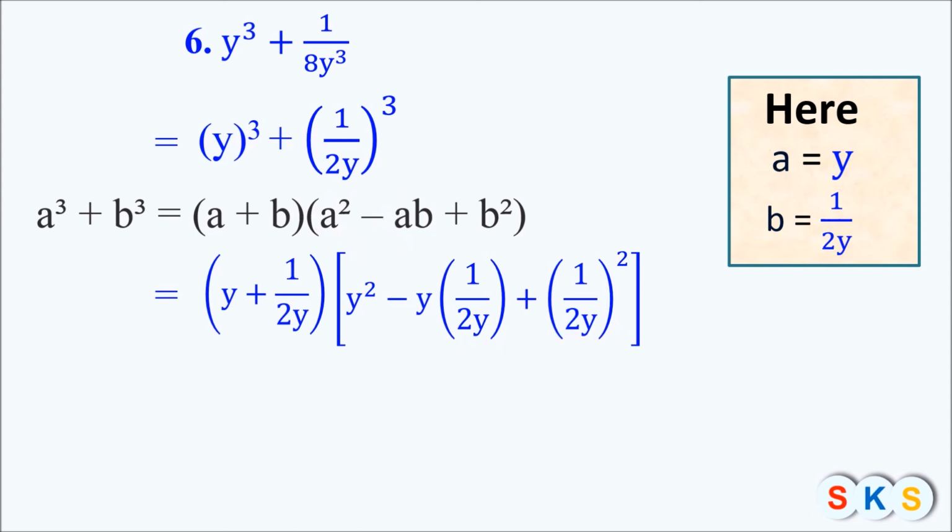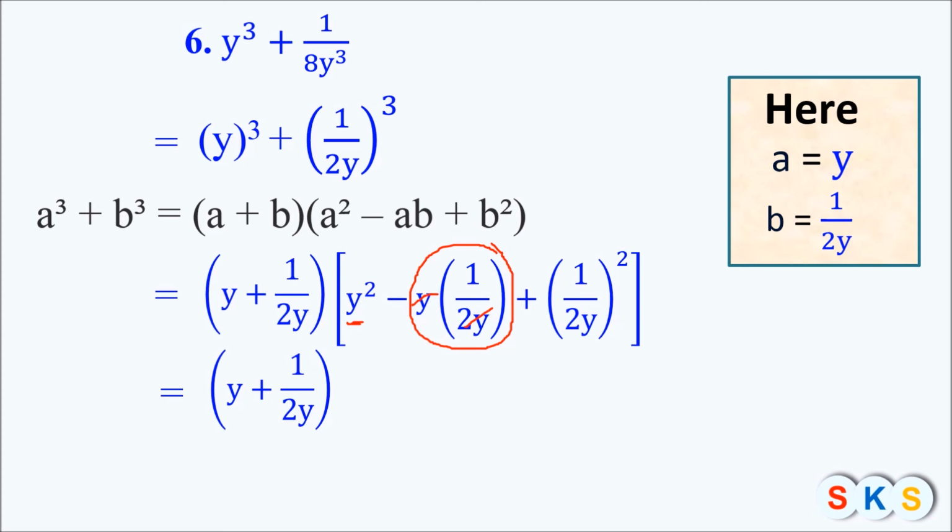Let's see what we will get. The first bracket we will copy as it is. Okay, in the second bracket, the first term is y square. We will simplify y square, we will get here y only. Now look at this part, y into 1 upon 2y. So this y and this y will get cancelled.